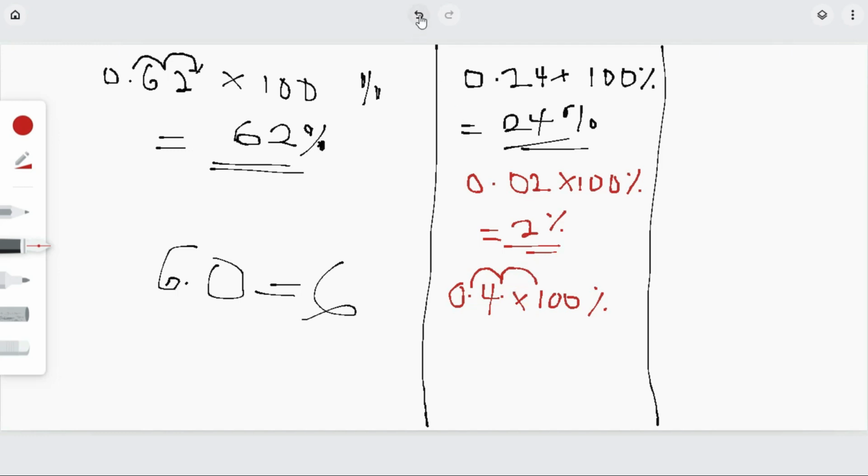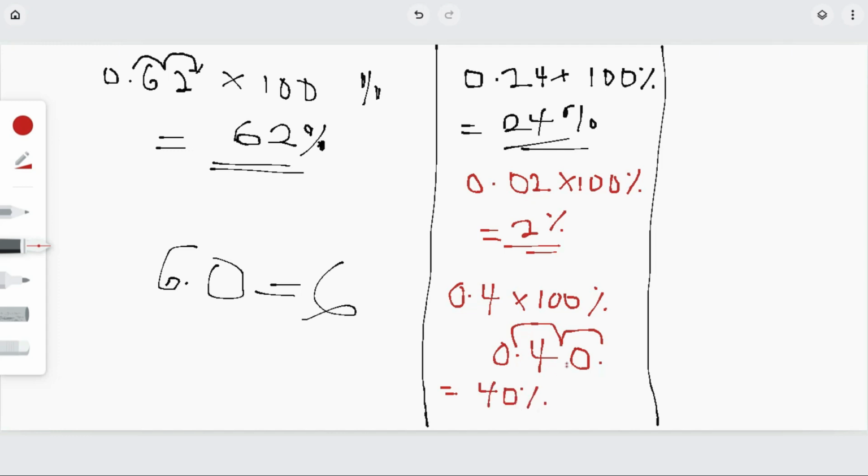Let me draw it down here so that you can easily see this. So we write a 0 here, and there is a decimal point here. Definitely the answer will be 40%.